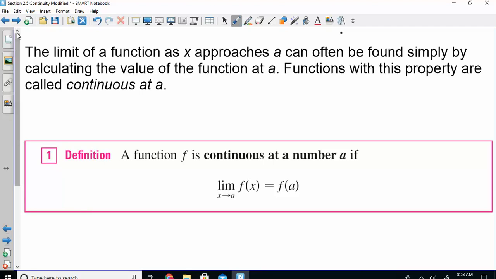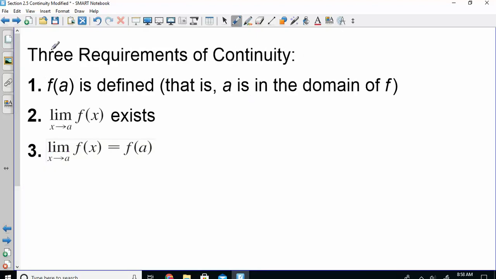The requirements for continuity, it's a three-pronged thing. So this would be the slide that I would highlight and make sure you know. When we look at any of these problems, I'm going to try to decide if something's continuous or not. We're using these three rules. If you tell me something isn't continuous, I'm going to ask you which rule did it break. So, in order to be continuous, the function has to be defined.